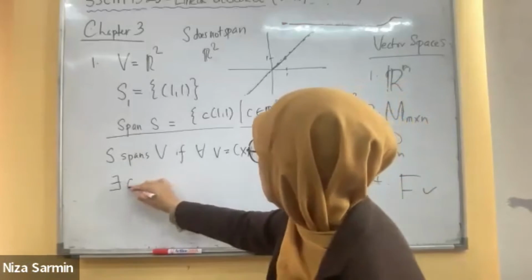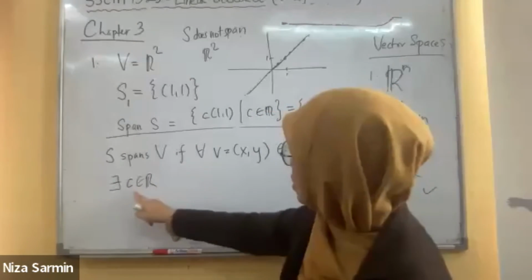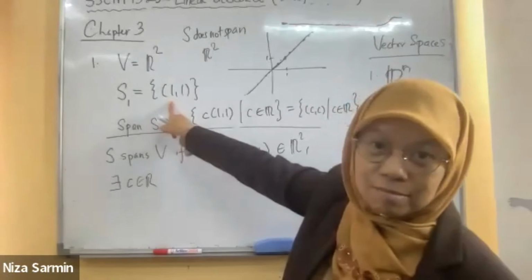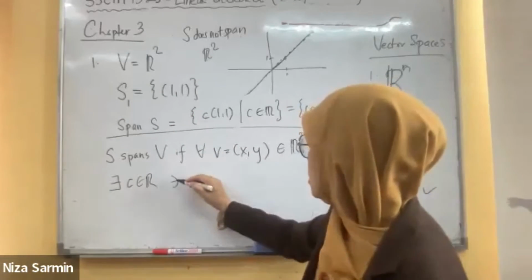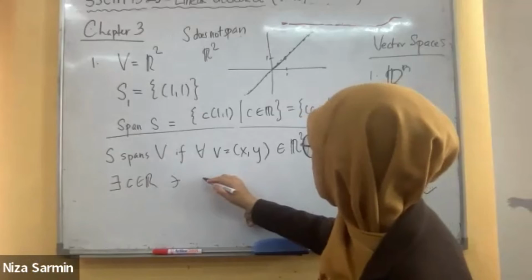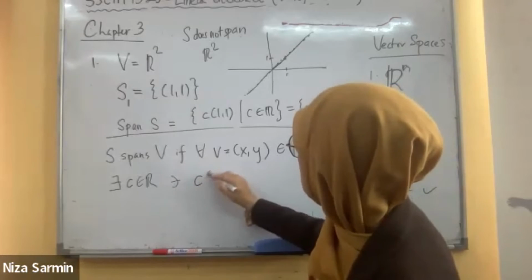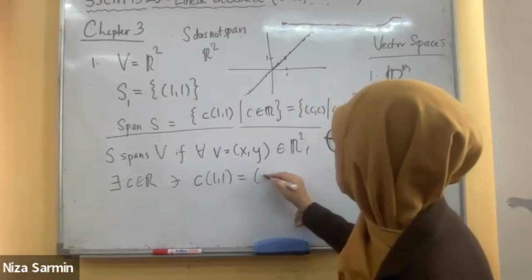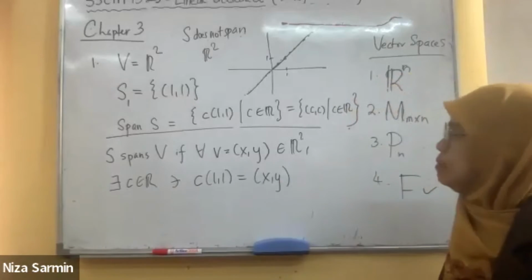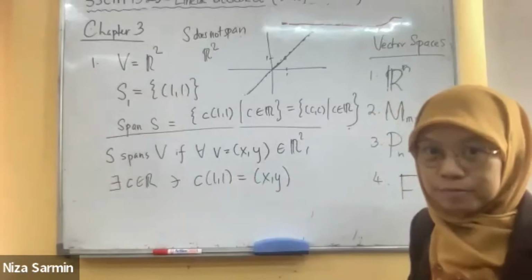There exists C in R. Why only C? Because there's only one vector. Such that C(1, 1) equals (X, Y). You see, this is for all.